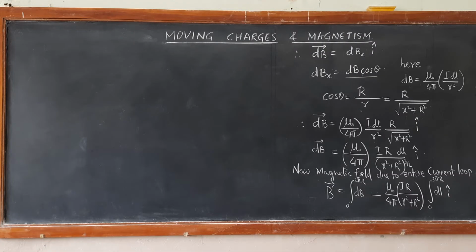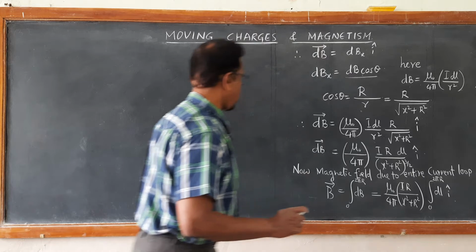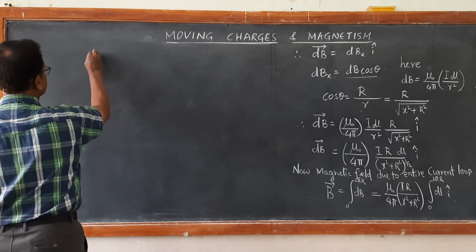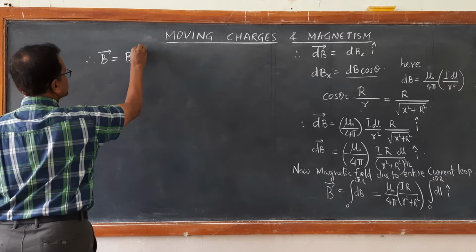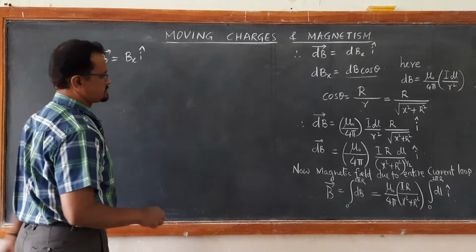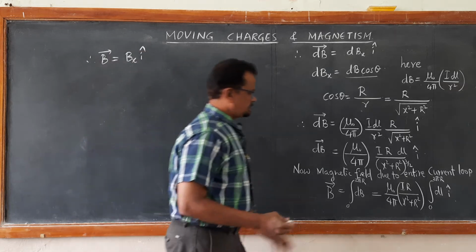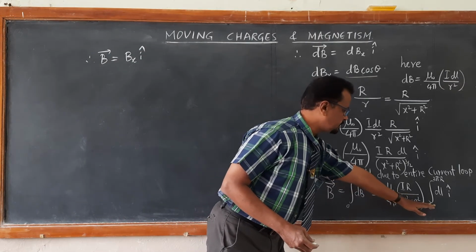Therefore, the total magnetic field B vector is equal to Bx i. I got the Bx. Bx can now be written as the integration of dl.